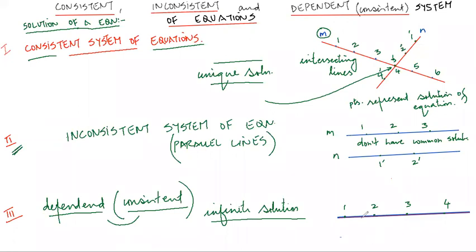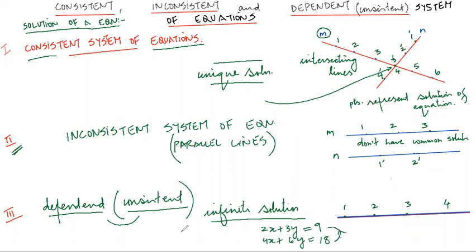Can you write two systems like this? Very right. 2x plus 3y is equal to 9. Just double it. 4x plus 6y is equal to 18. You can draw this. They'll be dependent consistent.